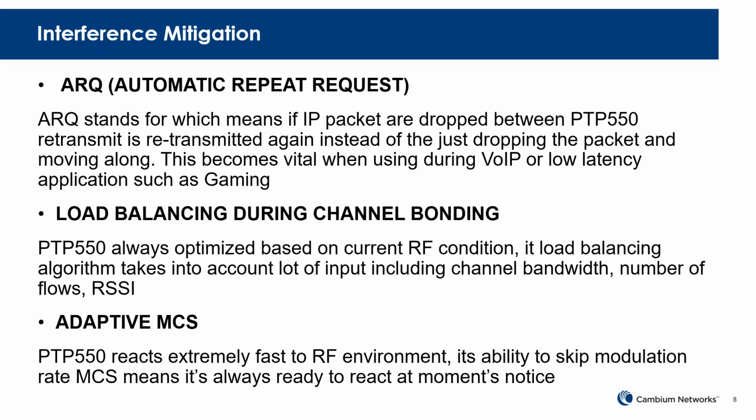When an IP packet is dropped, the radio will retransmit until it's delivered. So when you have bad interference, you want ARQ to help correct those dropped packets, so the dropped packets can be resent. That is ARQ. The other one is load balancing.